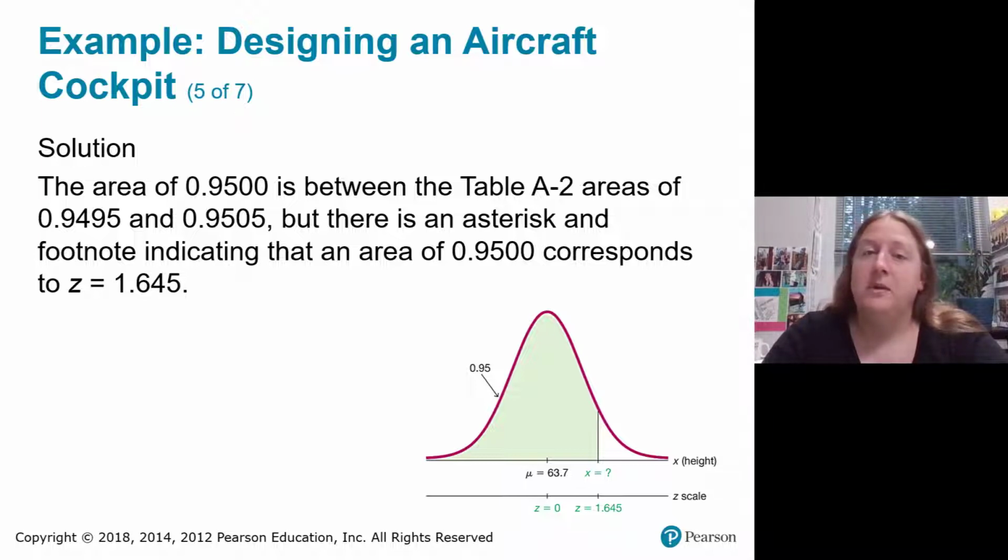And the reason that we're able to do that is because there's a special note that actually says that 0.95 corresponds to 1.645. Right? Because 0.95 does not actually appear in the body of the table. We instead have only values of 0.9495, sorry, and 0.9505. So we're going to use that footnote. We have z equals 1.645.